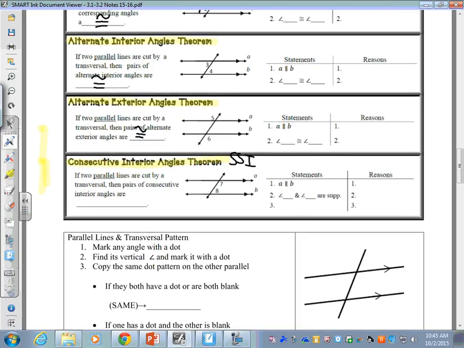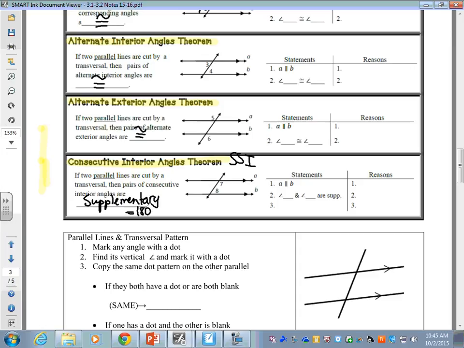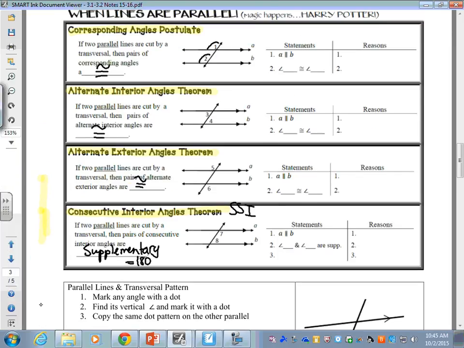They're not congruent. Guess what they're going to be? They're not congruent. They're going to be supplementary. Okay? So it's going to either always be equal or it's going to be equal to 180. Okay? Now, let's just make our conclusions because you're going to have to practice this a little bit more.